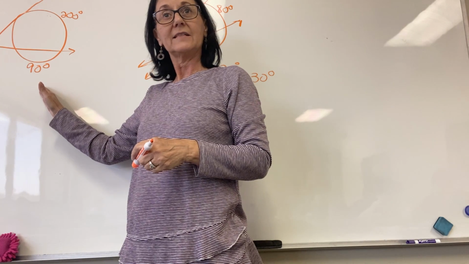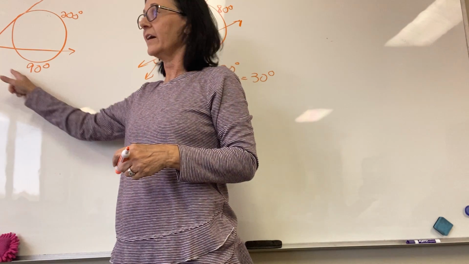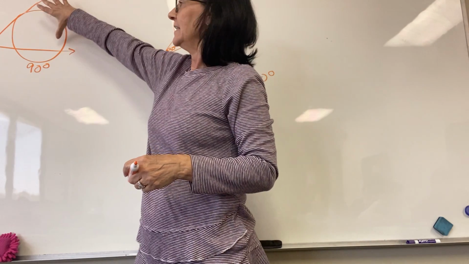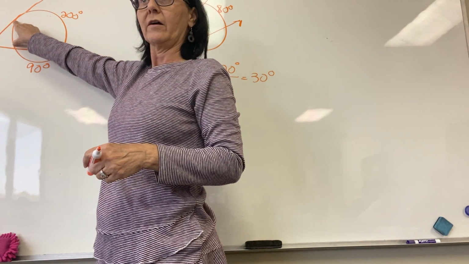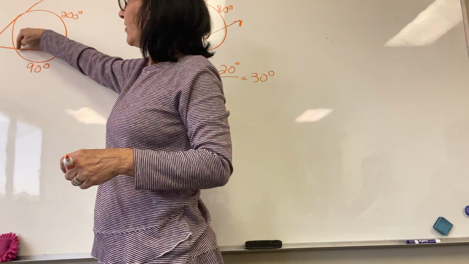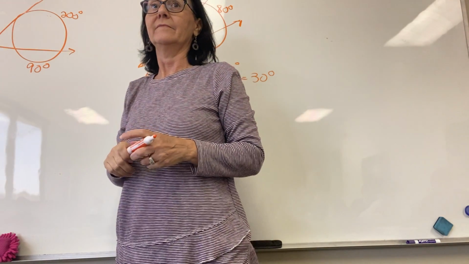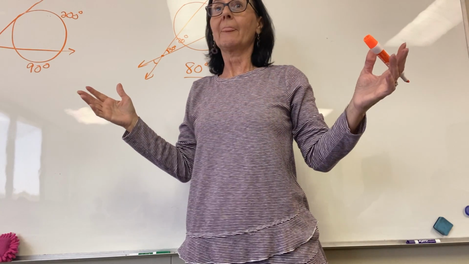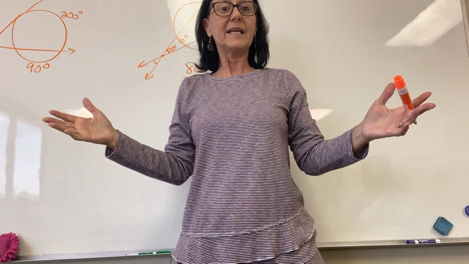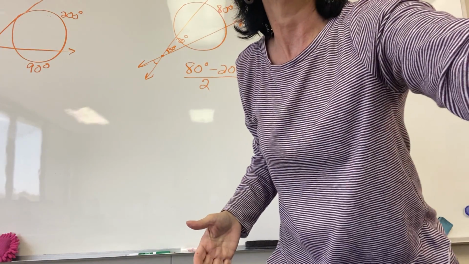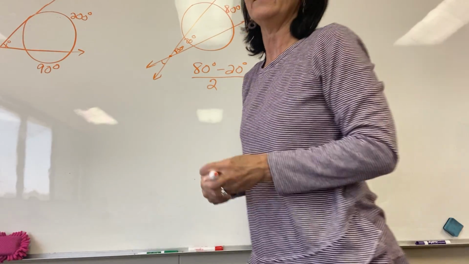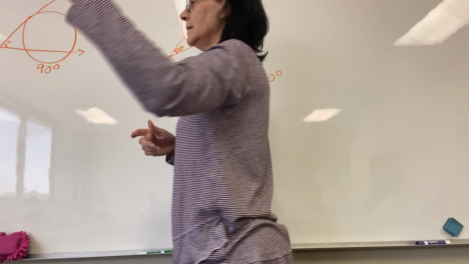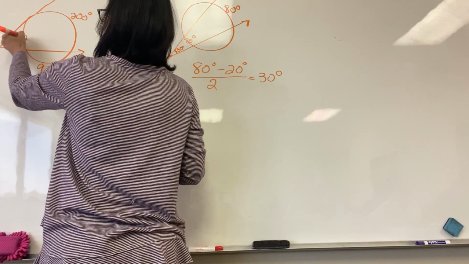However, this arc is not the arc that both of the lines intersect. It's this arc and it's this arc. But can I calculate this arc? Yes, because all the way around is? So I take 360 and I subtract 290. What's 360 minus 290? 70.